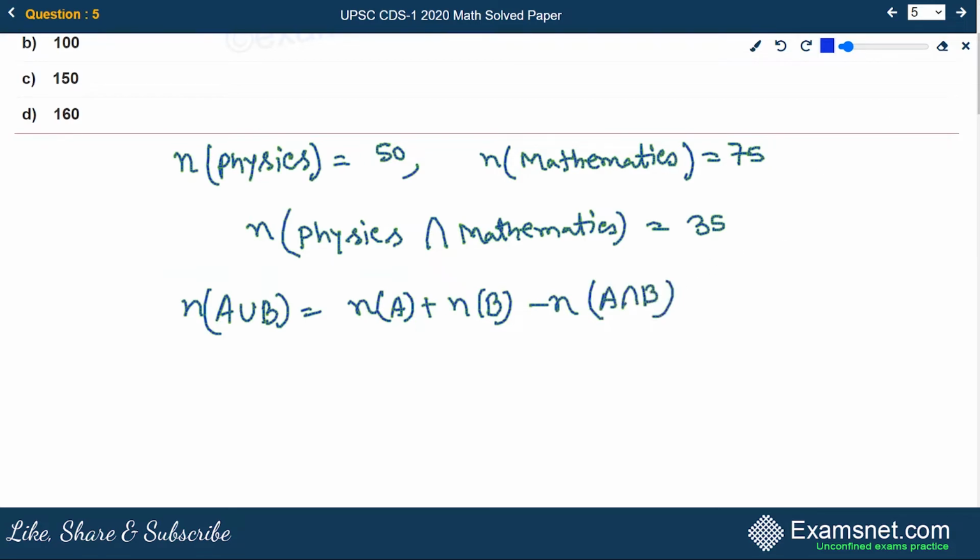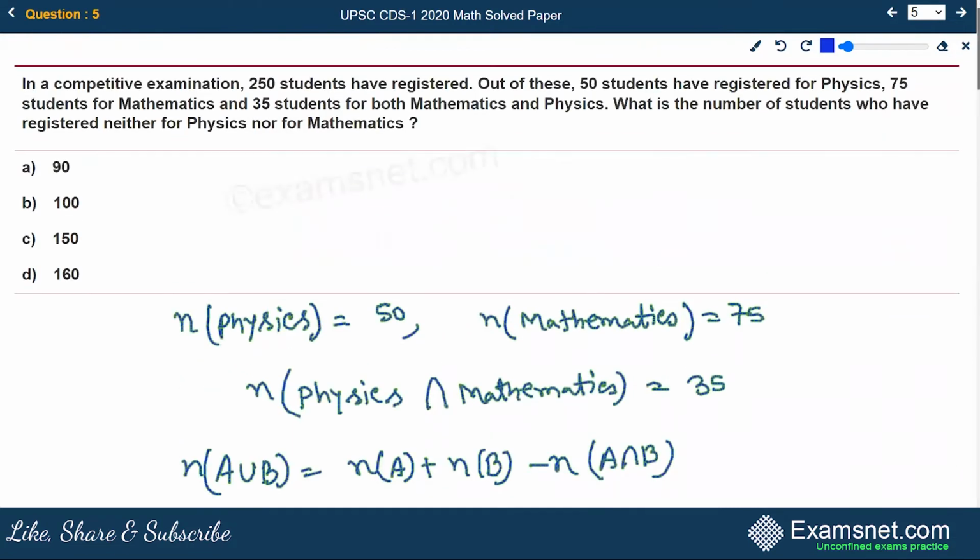Here we are going to find the total number of students who have registered for physics and mathematics.